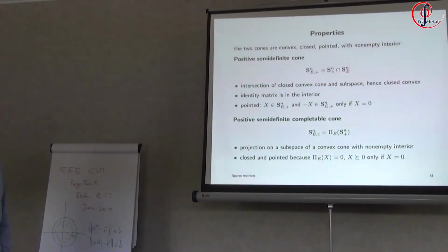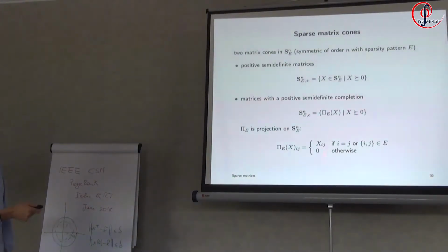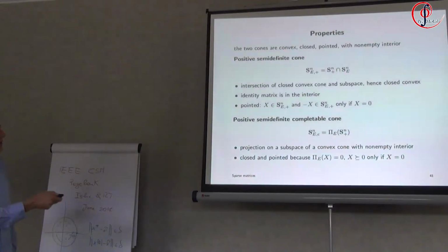Because if we project on a sparsity pattern, we set every entry in the positions where there's no edge to 0, but we keep the diagonal and all the entries associated with edges. So if you project on that sparsity pattern, you don't modify the diagonal of the matrix.